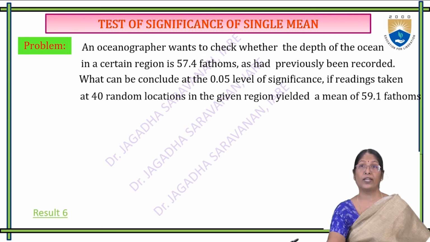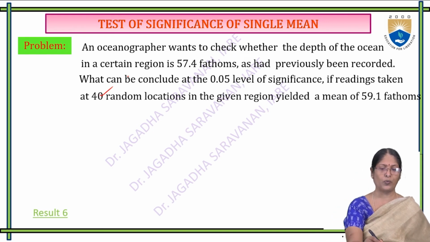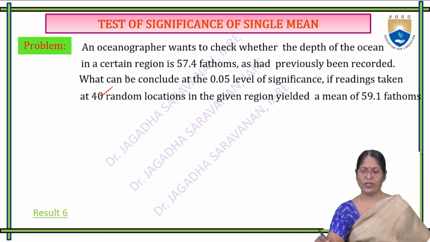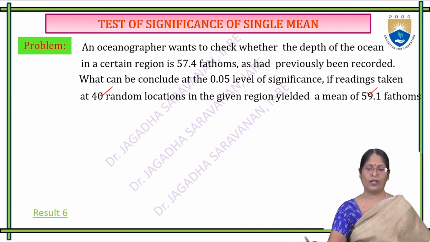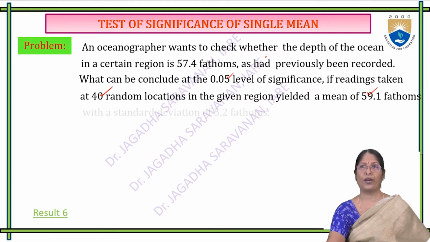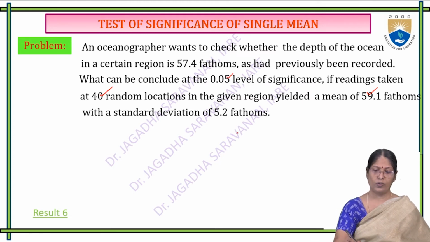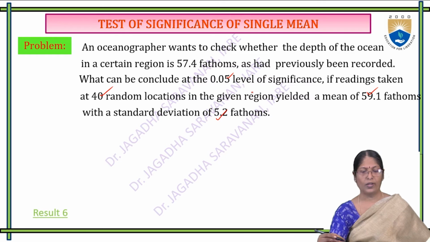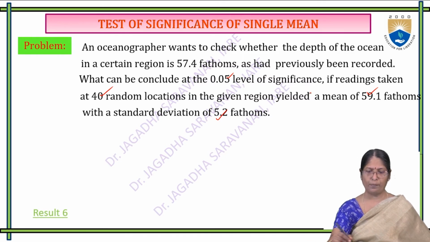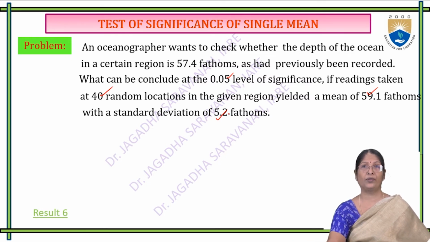We select 40 random locations, for which the sample mean we got is 59.1. The level of significance is 0.05. Here we have the sample mean and also the sample standard deviation.